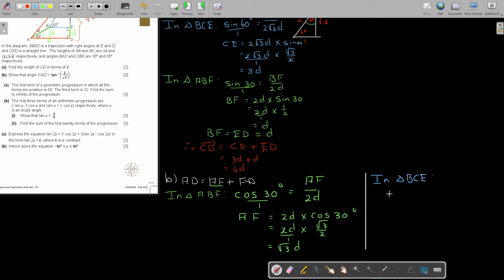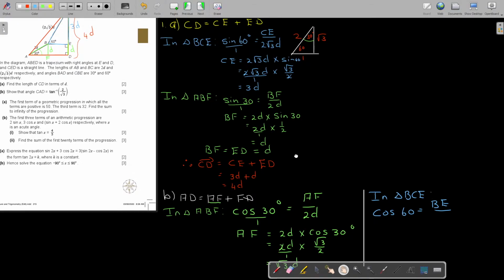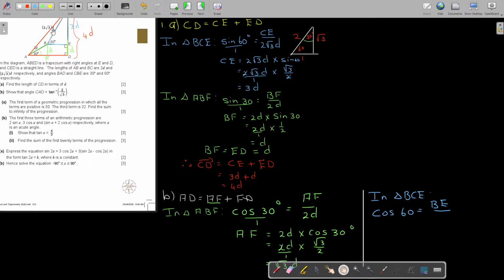So again, I'm going to say it's again cos, but now it's cos 60, and it's going to be BE over, and again, do you see, 2 square root 3D over 1. So BE equals cos 60 multiplied by 2 square root 3D.